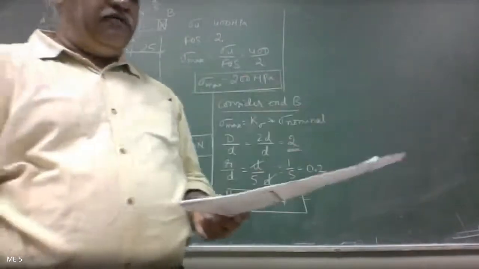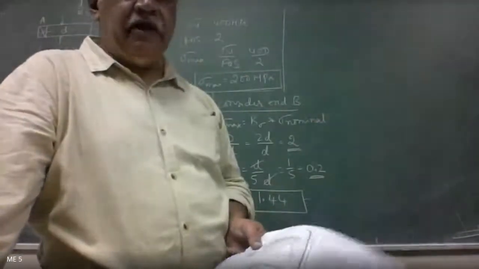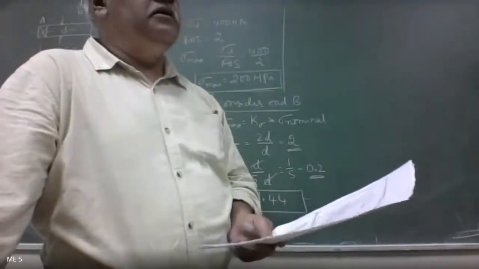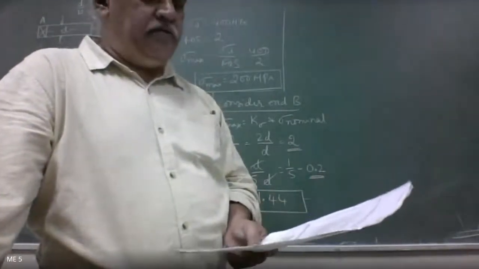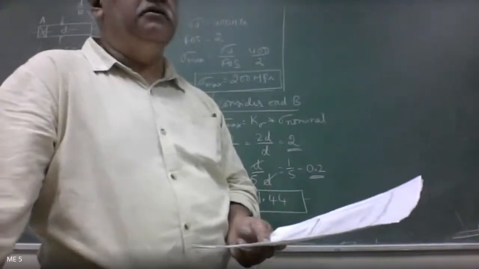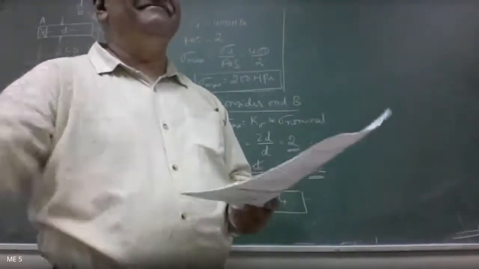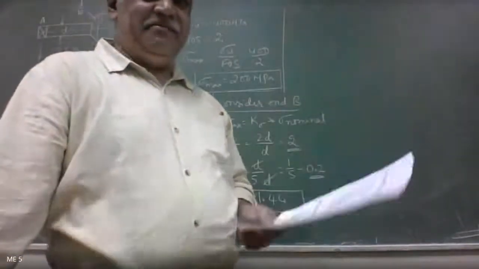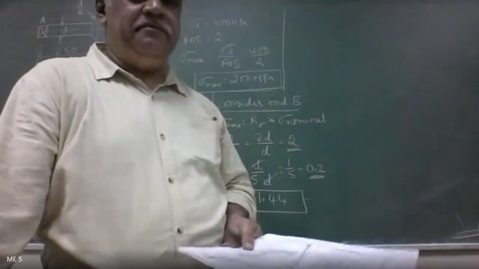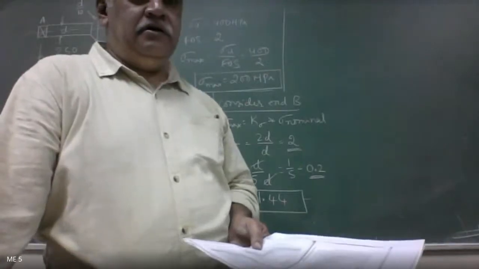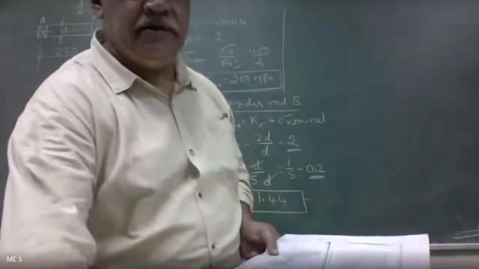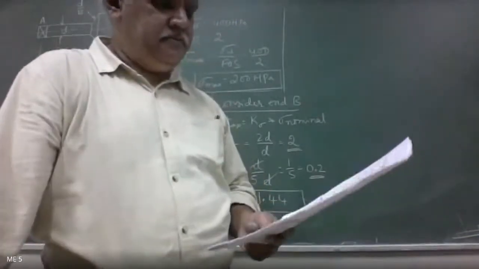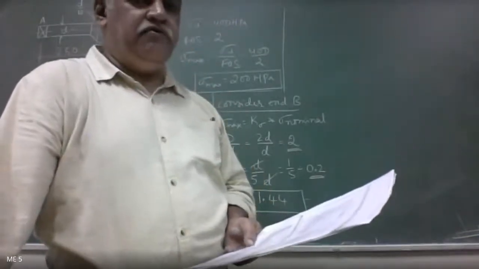Give me the value of K sigma. Somebody else please give me the value of K sigma. Tarun, Chinmay, Siddharth. Someone please give me the value of K sigma. Refer figure 2.25.